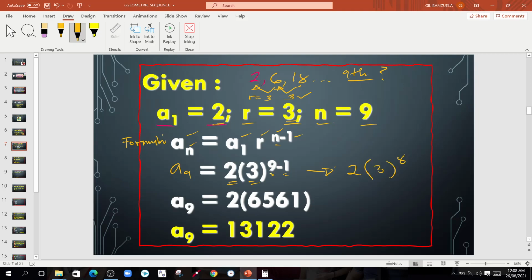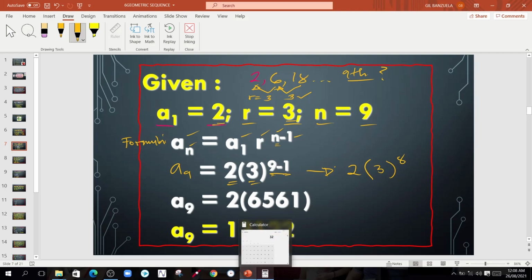Alright? So let's simplify. Let's use GeMDAS rule. Groupings, exponent. So we are done on grouping. So let's deal with the exponent. So 3 raised to 8, that is equal to 6,561. So kung memorize nyo yung exponential table, mas maganda, guys.